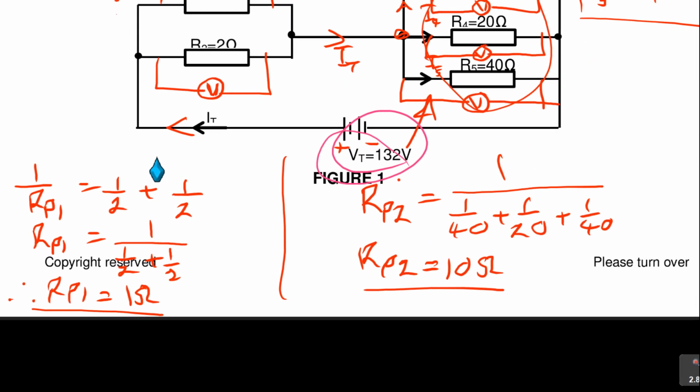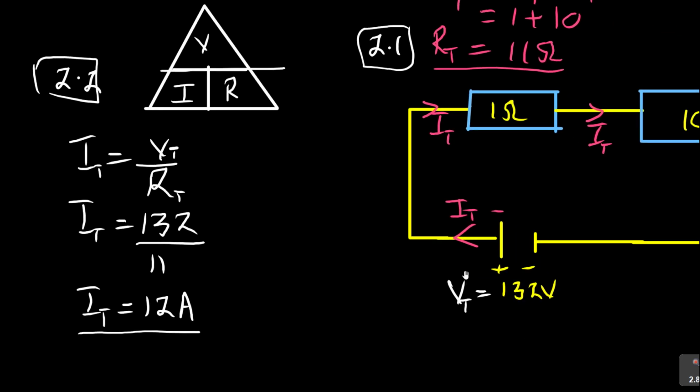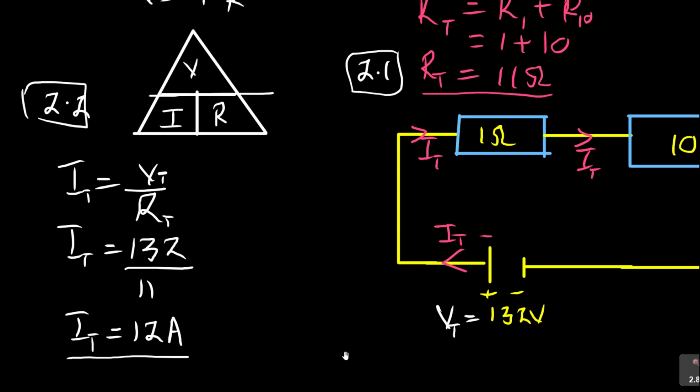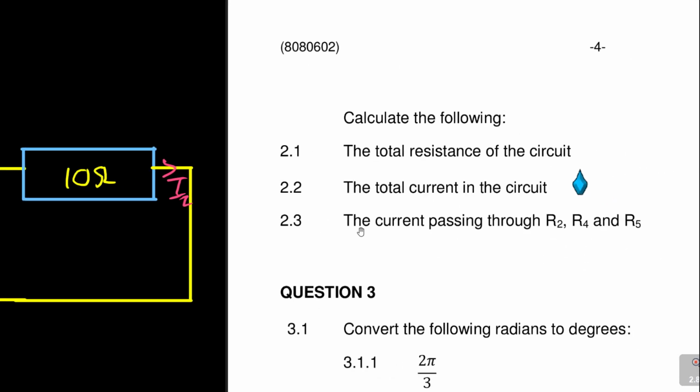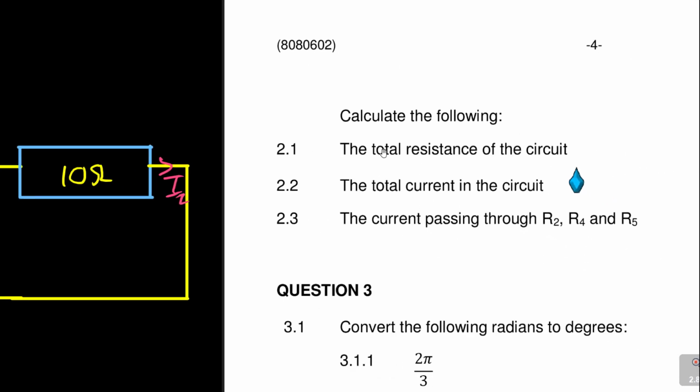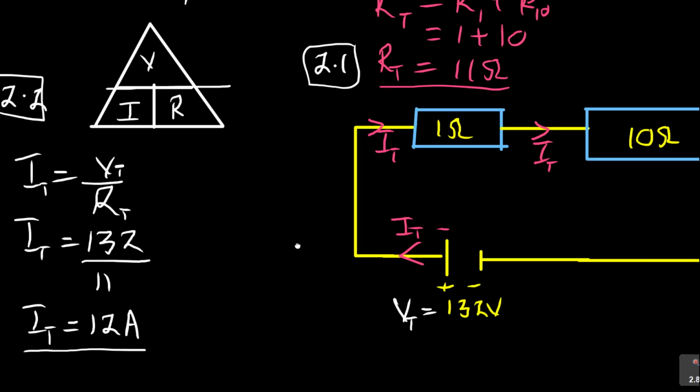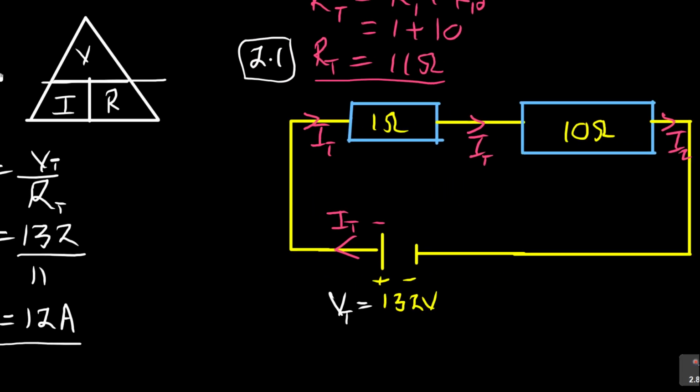Look at the other question here. There was a question which wanted voltage. Am I right? Let's look at the question. They say calculate the total resistance, the total current, or they wanted the current. If they wanted the current, I have the current. But now I can look at this, which is very interesting. I can come here and say, what is the voltage there?